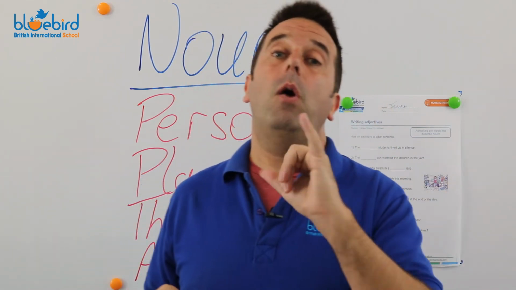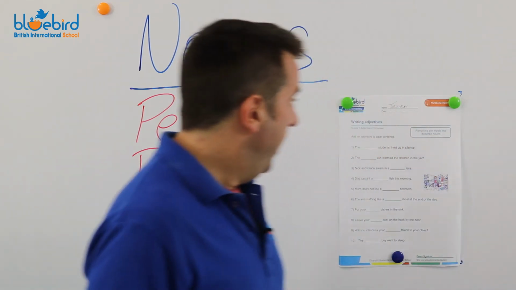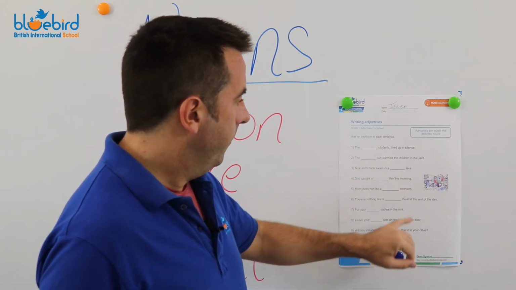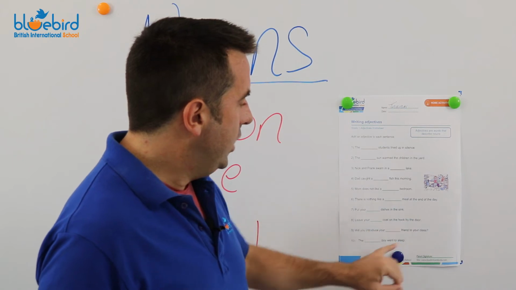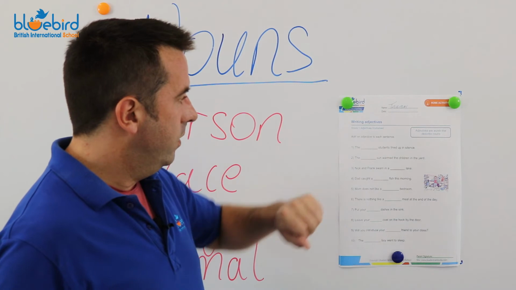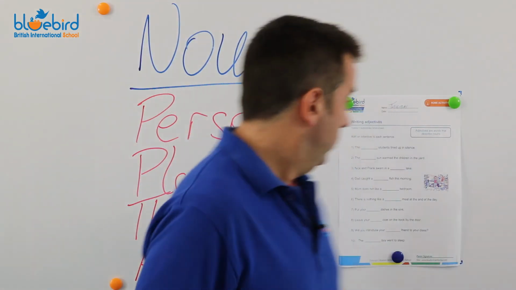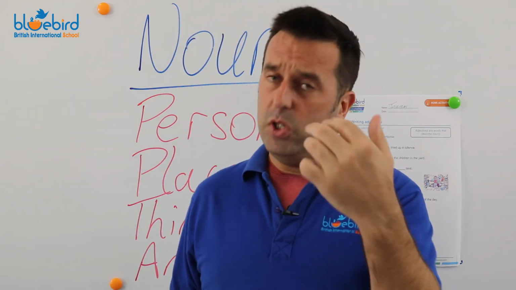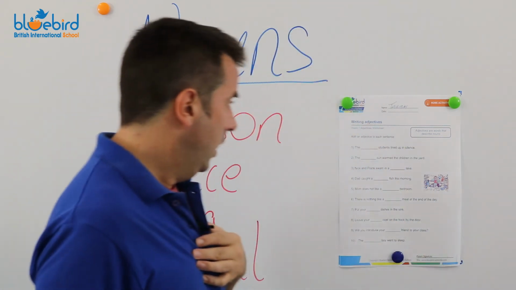Find where the noun is first. The noun is situated after each space. So here you have student, a person, sun, a thing, but the sun is also a place.